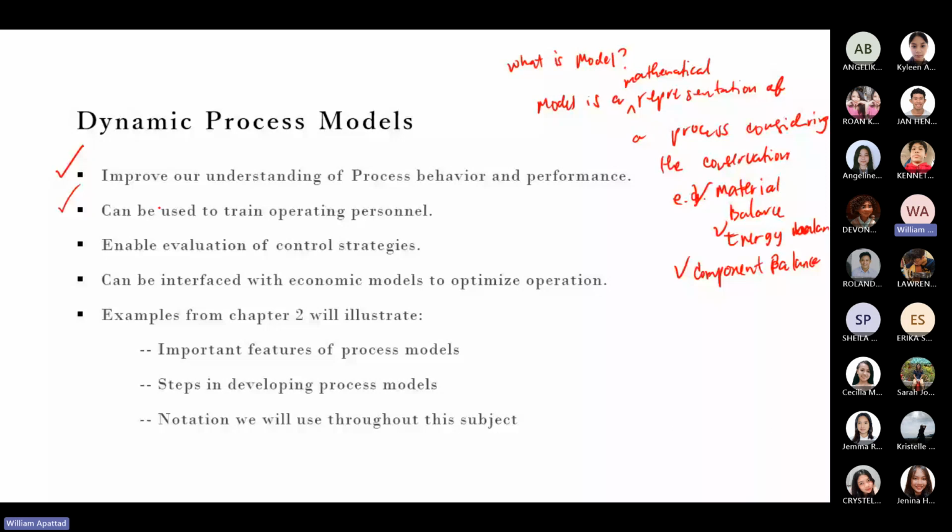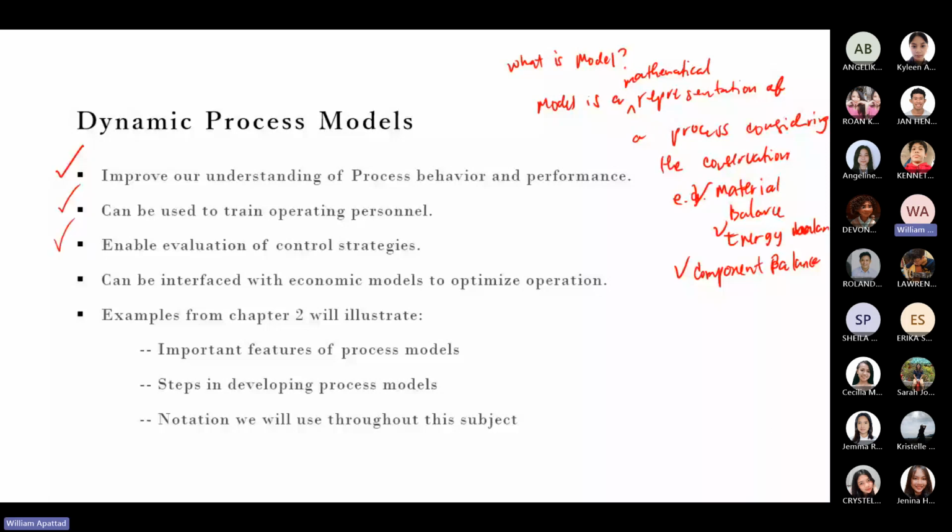Sa mathematical model, we represent there the variables, the manipulating variables, the disturbances, and operating parameters, process parameters, ganun. Sa model na yun, nakikita na doon. So, kapag meron kang mathematical model, it's easier to train operating personnel. So, it will enable us also to evaluate control strategies.